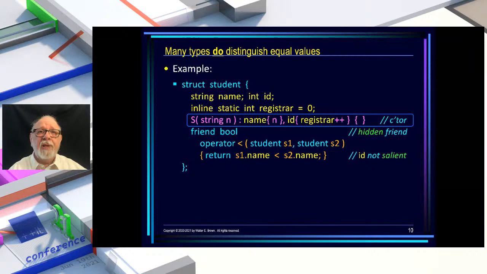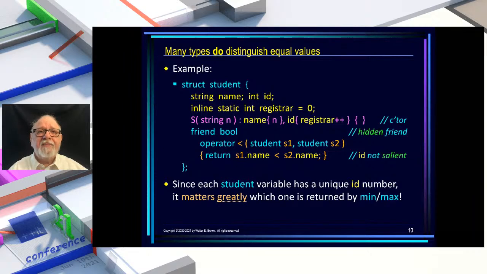And for the moment, the only other part of this type is an operator less than. And notice that we consider one student to be less than another only by inspecting their respective names. The ID plays no role, we say it is not salient, in deciding the order of two students. And of course, this should be called by reference and so forth, but I've simplified as much as I could for exposition.